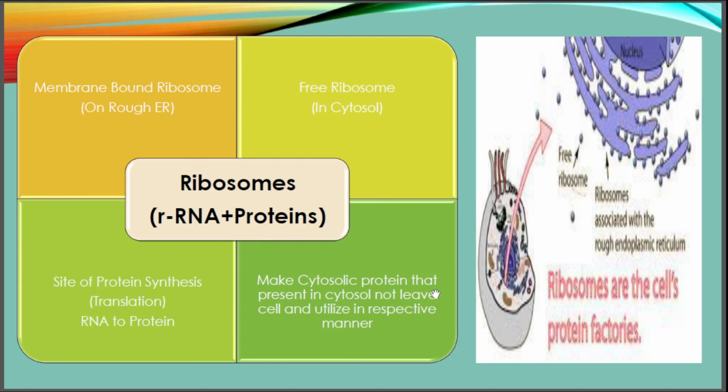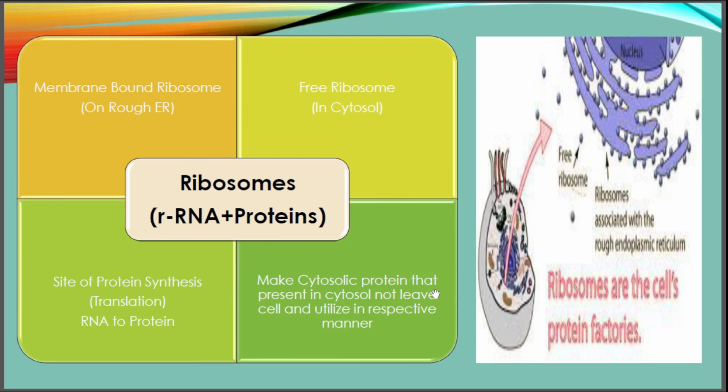The ones bound with the membrane are called membrane-bound ribosomes, like the ones we have studied on the rough endoplasmic reticulum, and the ones present in the cytosol are called free ribosomes. Their main function is the synthesis of proteins, meaning they take part in the translation process, that is from RNA to protein. And the ones present in the cytosol synthesize the proteins that stay inside the cytosol.